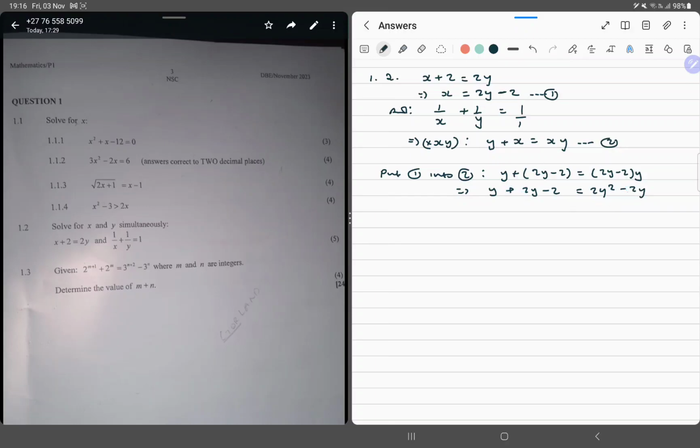So great, so we're going to move everything to the other side and rearrange. So we've got 2y squared minus, this one becomes negative. Actually, we've got 3y here because these are like terms, and then we transpose them. So 2y plus y, it's 3y. When we transpose, we're going to get minus 5y. Okay, minus 2. So when we transpose this, it becomes a plus 2 is equal to 0.